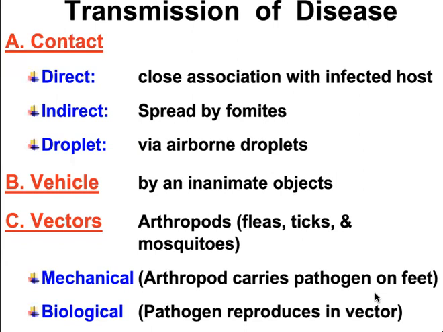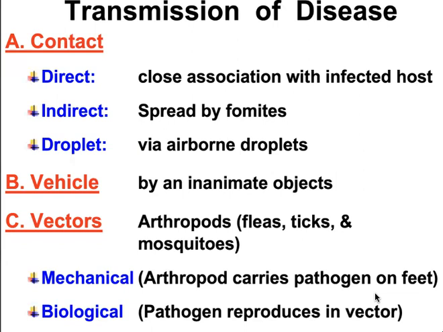And of course, we have vectors. Now, vectors usually refer to arthropods, mosquitoes, flea, ticks. Meron tayong biological vectors. So, ang biological vectors, the pathogen requires the organism para makumpleto niya yung kanyang life cycle.